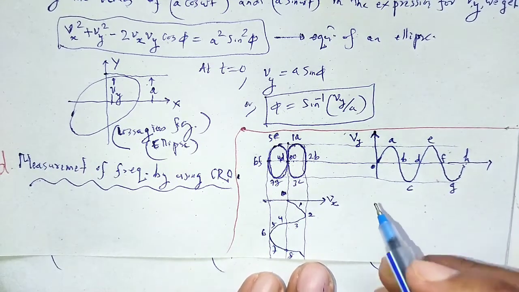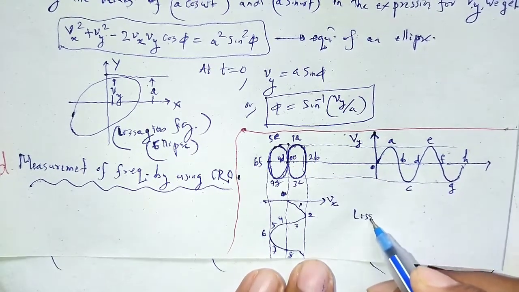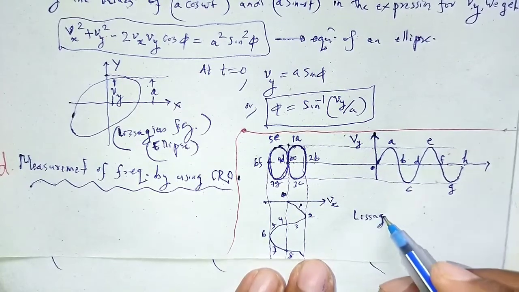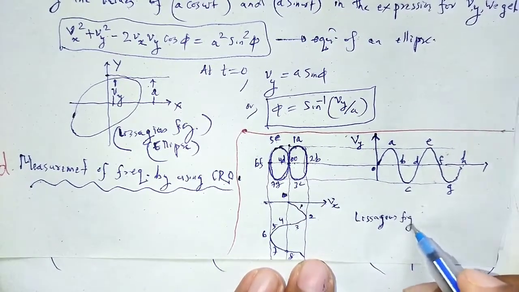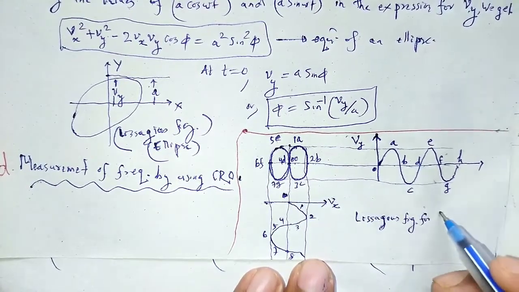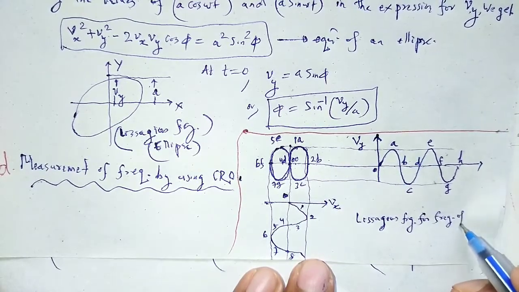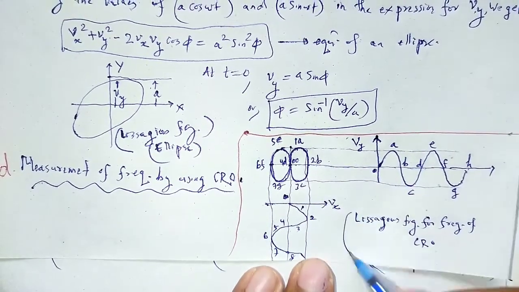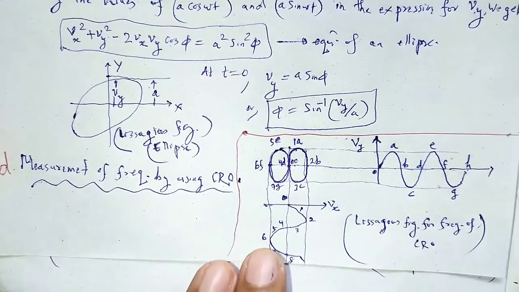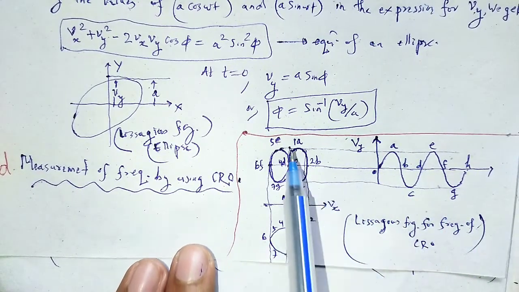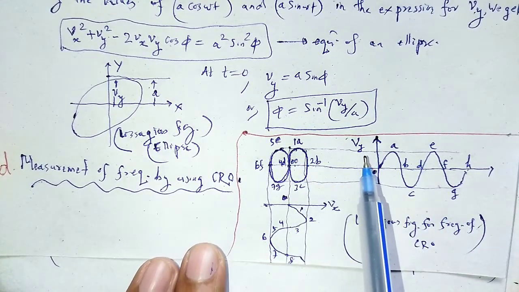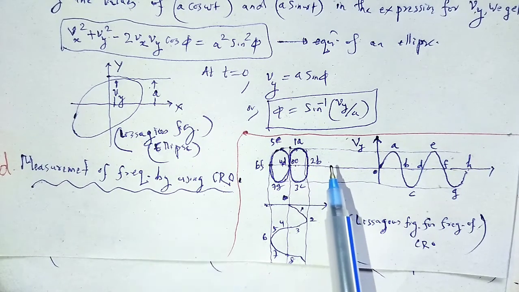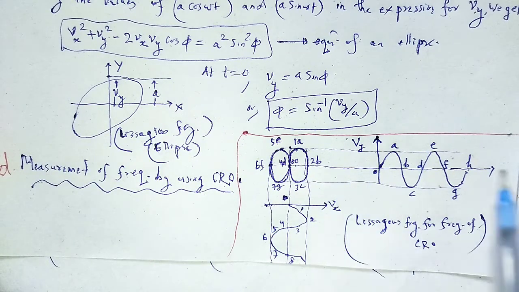This is the Lissajous figure for measuring frequency with the CRO. How is frequency measured? Look here, what is the number of tangents? Tangents play the major role in calculating the frequency.